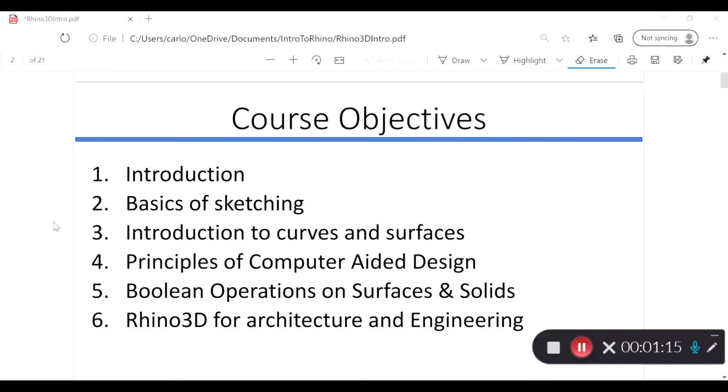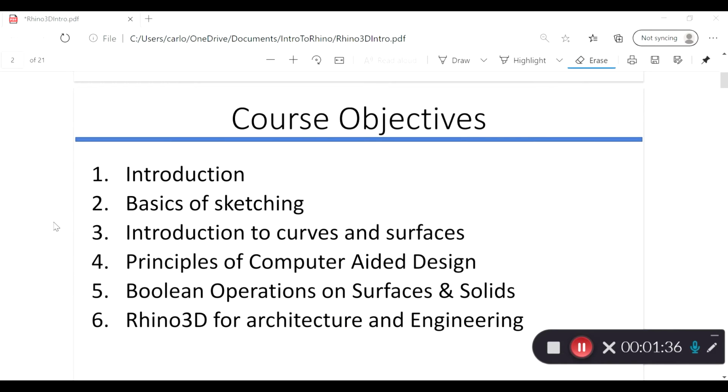We're going to be talking about representing objects such as shapes and textures, planar views, and wireframes. Also, arrays of objects and space transformations such as rotation, mirror, translation, scaling, etc. We're going to talk about Boolean operations and surface and solids.